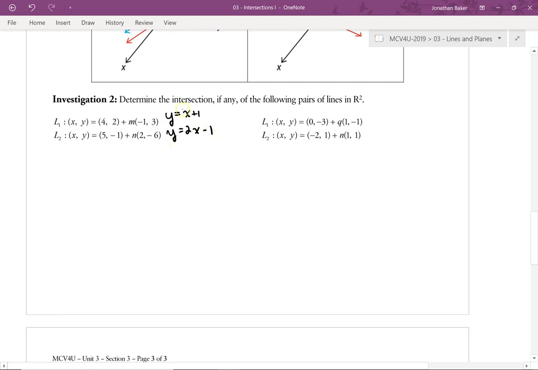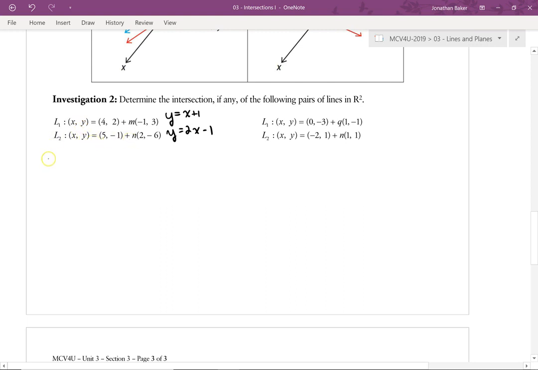So really, equating them is the way to go, and it's the same strategy for both 2 and 3 space when you're working with vector equations. You could use this whole process here in 2 space, write these in Cartesian form and then equate them, but you can also just equate the vector equations.